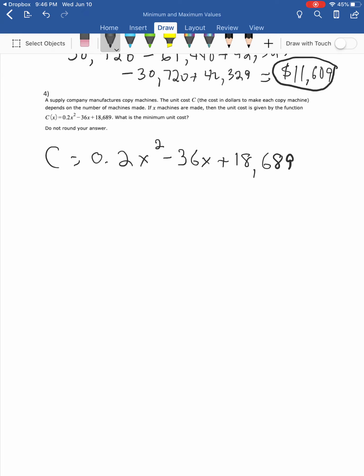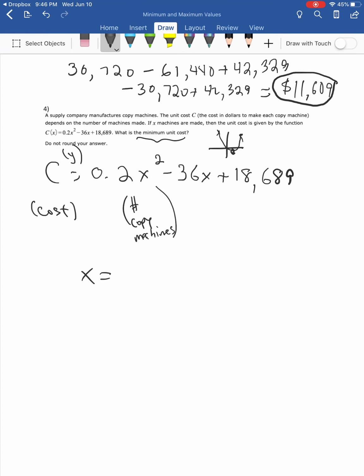All right, so C stands for cost, and C is of course the same thing as Y, and X stands for number of copy machines. Okay, we want to know the minimum unit cost. So again, this graph is going to open upward, so we know it's going to have a minimum, and that minimum is going to occur at the vertex.